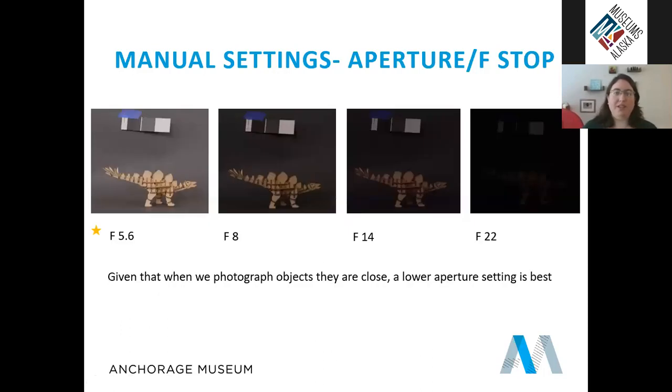So a smaller f-stop is better for museum photography because we're very close to our objects, and we don't need the background in spectacular detail because we're not photographing that. You can see here that as you go, it gets progressively darker, which is not helpful, so use a low f-stop setting for your object photography.